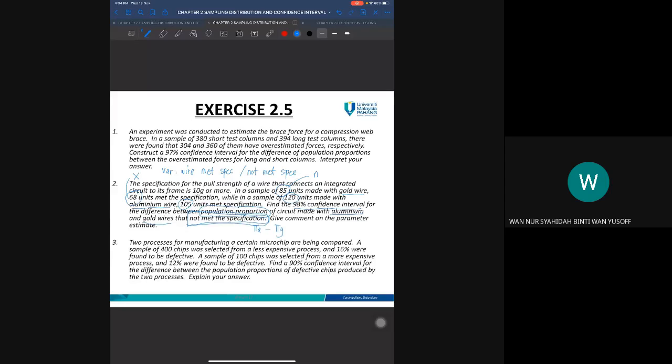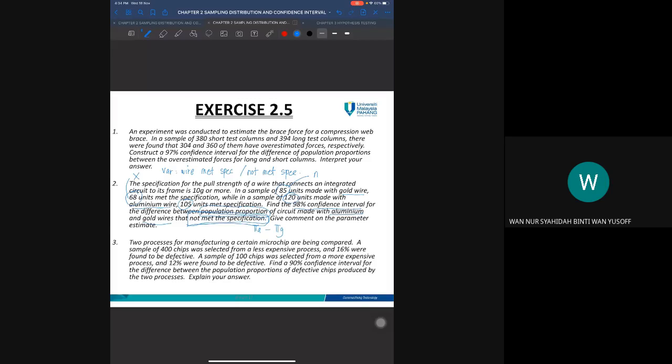So if you have a proportion question, this is one example of how we twist the question for the proportion. We give you the success characteristic, in this case it's met the spec, but we ask you to calculate the confidence interval for the failure, not met the spec.